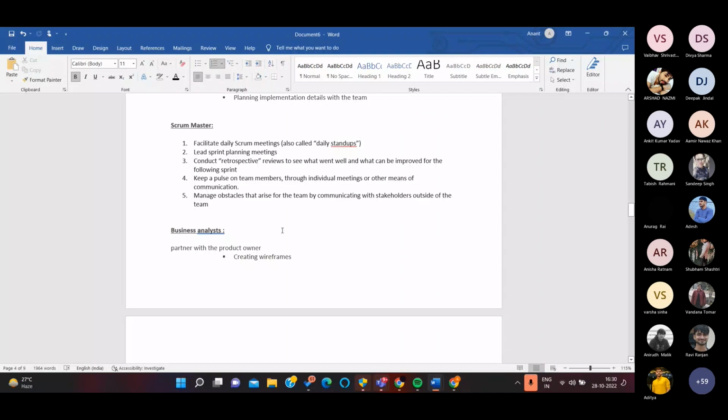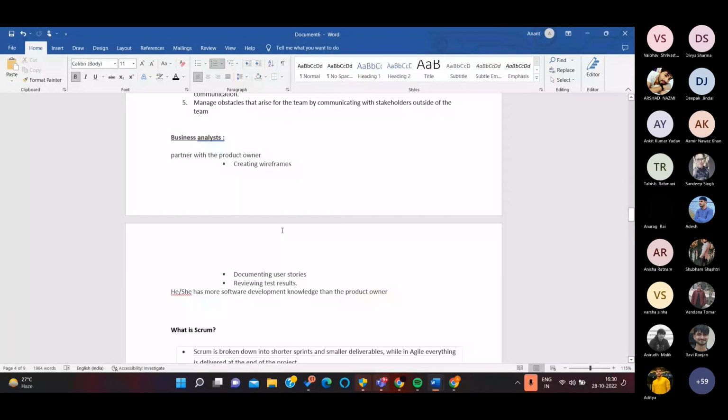Now the business analyst, a term that we often come across. A business analyst is someone that closely works with the product owners. They help in creating the wireframes, defining what exactly the expectations are, the view of the product, and documenting the user stories.